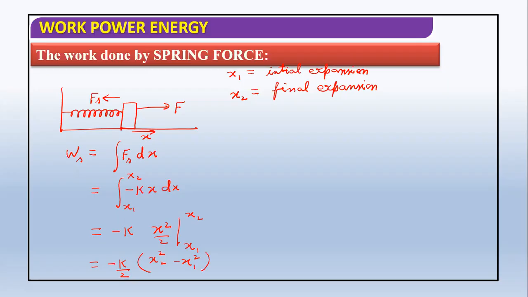What are the different points which we can learn from this derivation? In this case also the work is path independent. Path independent means only the initial and final positions matter. The x2 and x1 are the initial and final positions. So whether we are moving slowly or with large velocity, or along some path, that is immaterial. Only initial and final positions are important.